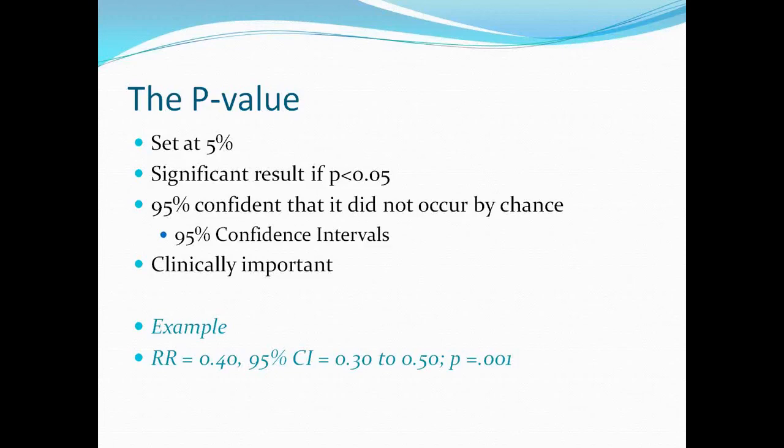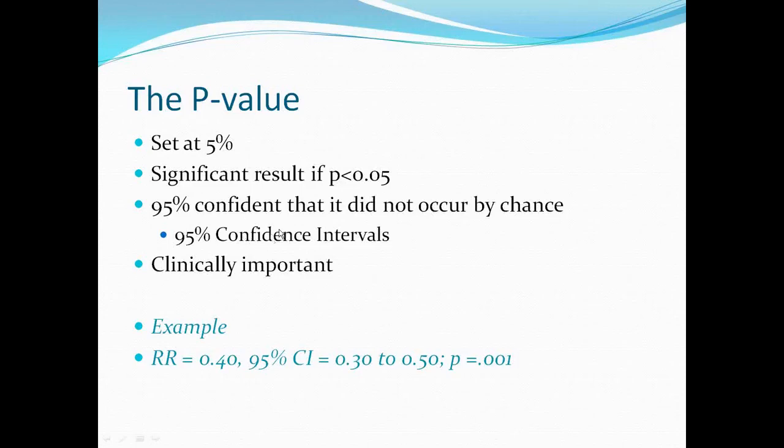The lower the p-value, the more confident researchers are that their finding of differences is real or significant. So a p-value of less than 5% reports a statistically significant result, though not necessarily one that is clinically important.